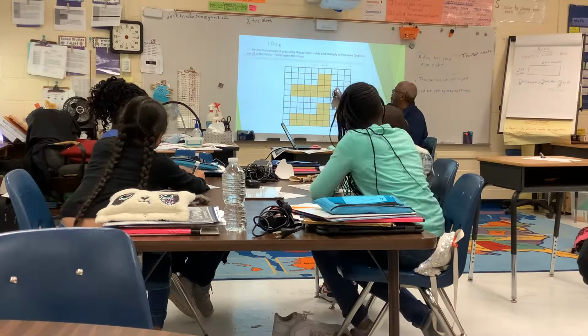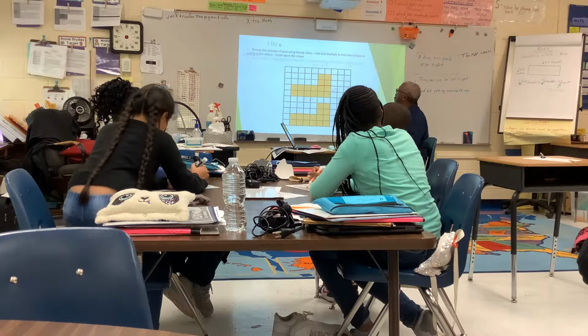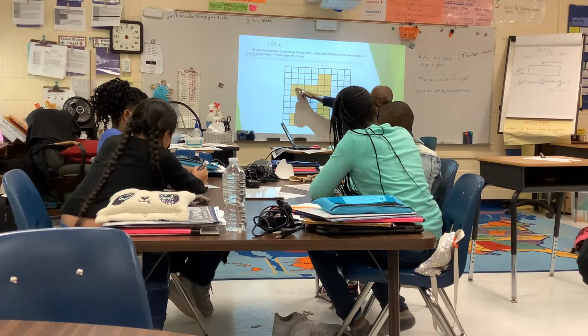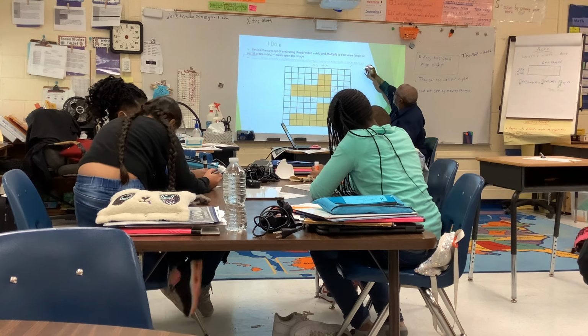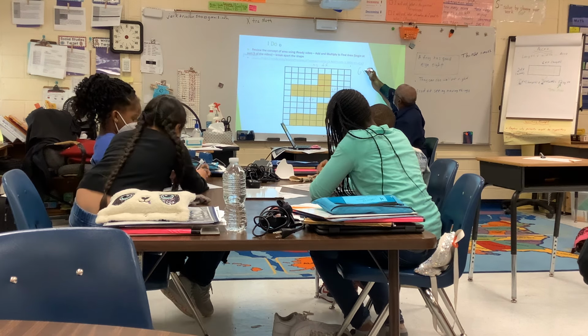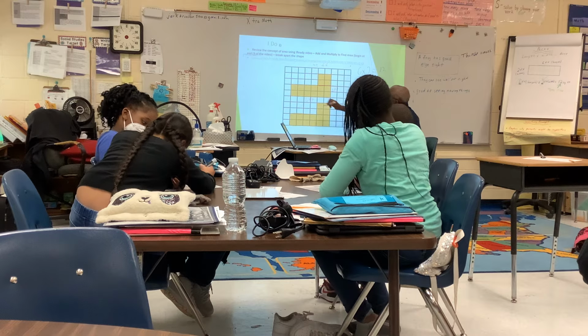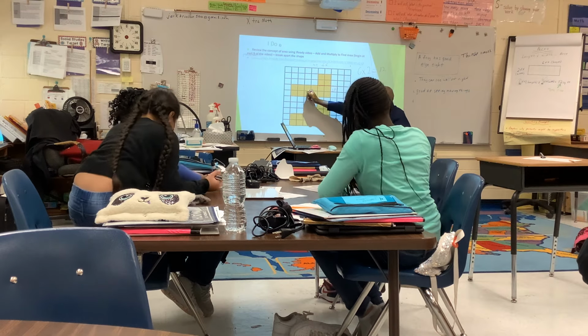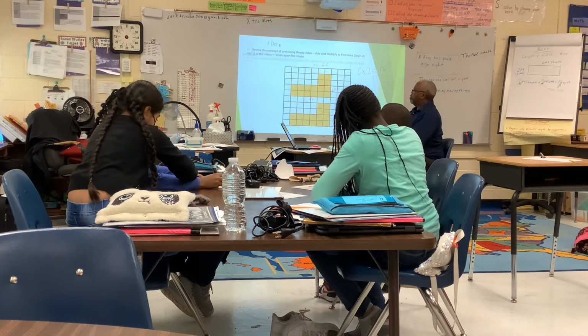The width here is 2 feet. So I know this area here is 6 by 2. And the total square footage of this is 12. Now, I just have to solve for that.